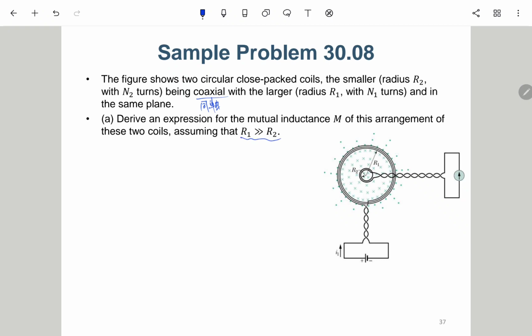So we do some approximation, otherwise the integration would be quite complicated.